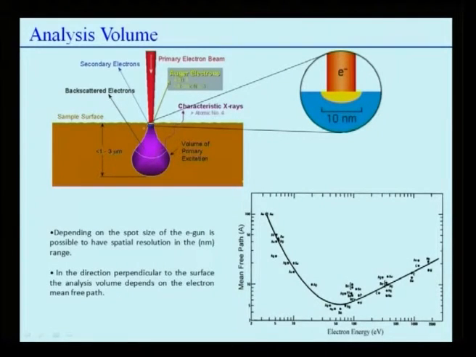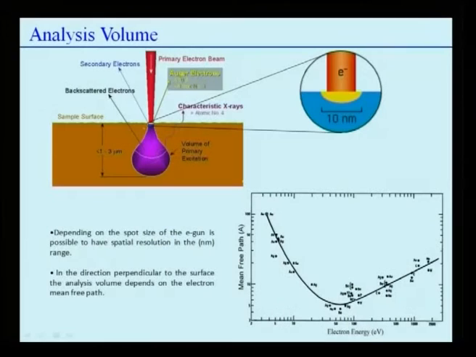But if you look at the interaction volumes from which the signals are generated, it varies from very large thickness to a very small thickness depending on the type of signal. For the characteristic X-rays, the interaction volume is very large. The depth from which the information can come is of the order of 1 to 3 micron.